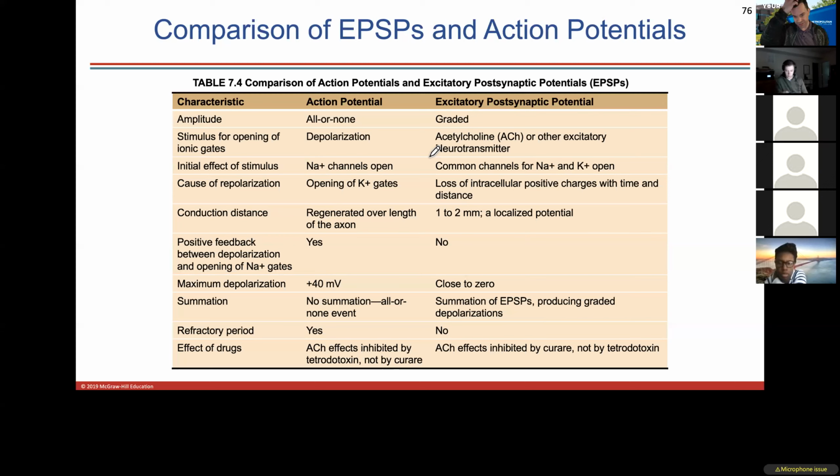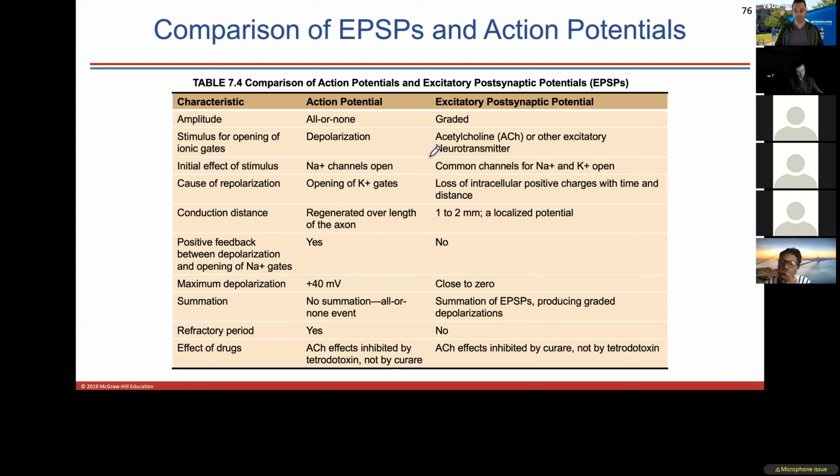Conduction distance just tells you how far it can travel. I'm not going to ask you how many millimeters it travels, but you can see an EPSP is very short. Very short distance. Dendrite, not very long. Nerve cell body, not very big.